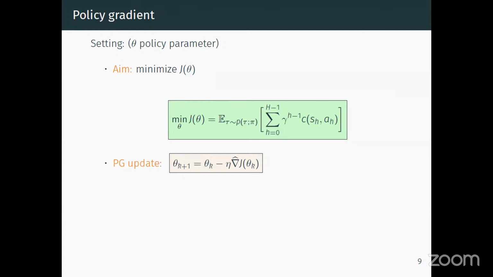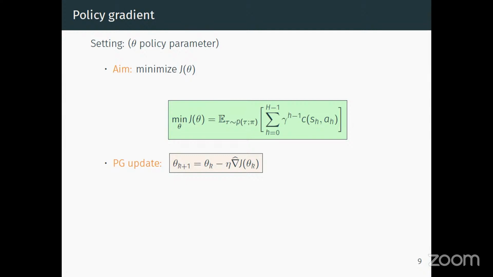So just to recall, I'm going to replace pi with theta. So a policy is identifiable with the parameter theta. And this is what I want to optimize, where these actions are chosen according to a policy that's parameterized by theta. And if you want to do a policy gradient update, I'll do this iterative, incremental update where I estimate the gradient of this function.